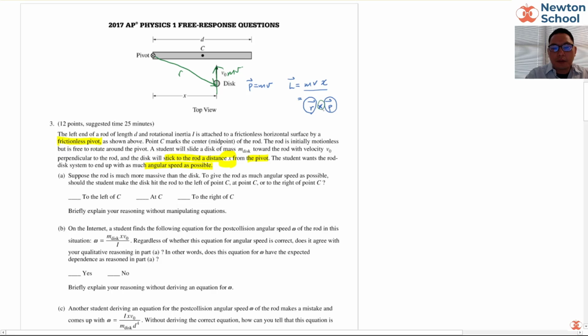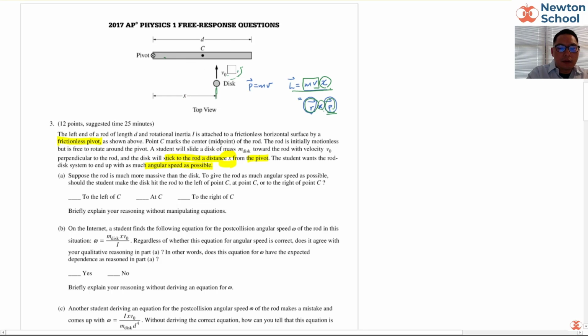And if you do a cross product, you have to multiply two vectors that are perpendicular. So in this case, the component of r that's perpendicular to P is actually this length. That's why I think they gave you this x, right? So you get angular momentum of mvx.